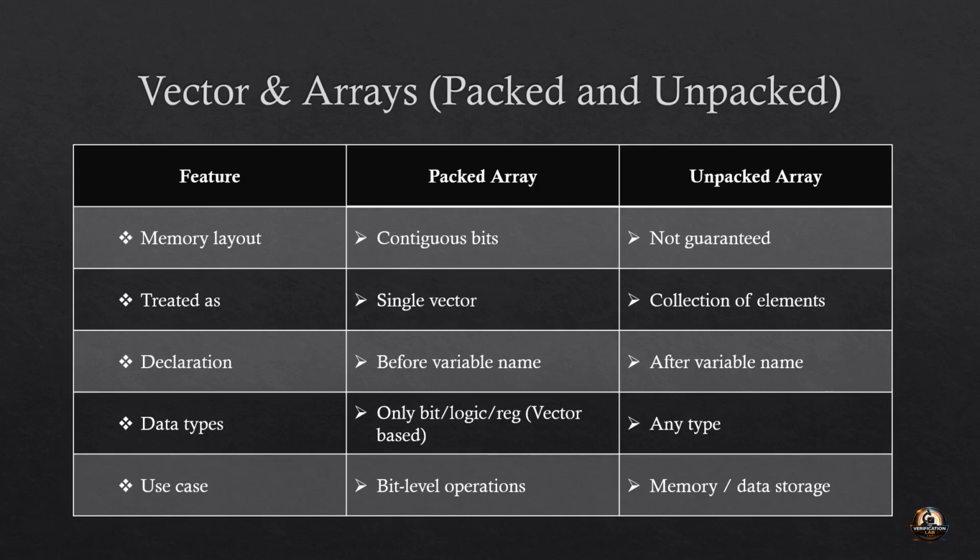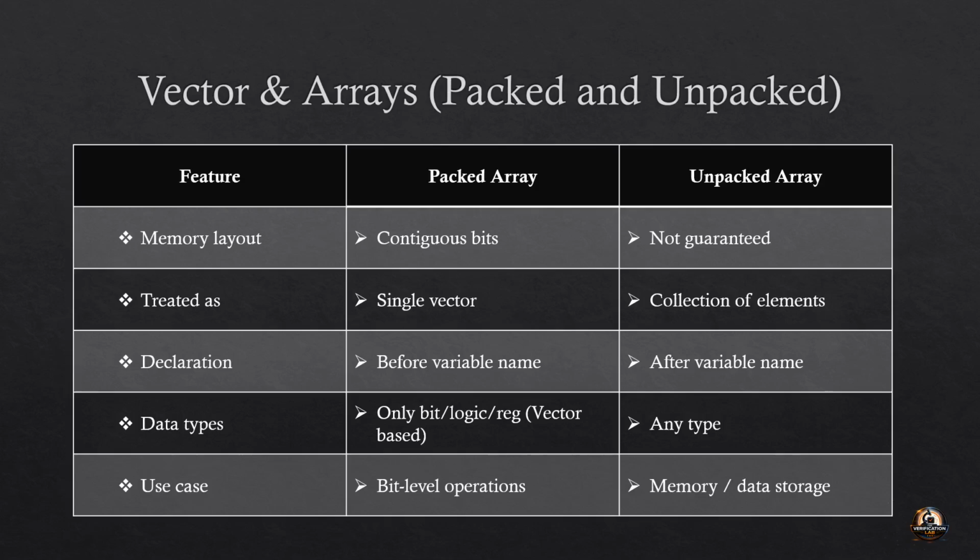Now let's move to the bigger picture. Now imagine you are dealing with multiple data, not just one variable. You need arrays, but SystemVerilog gives you two types, packed and unpacked. So let's see what is the difference between packed and unpacked.